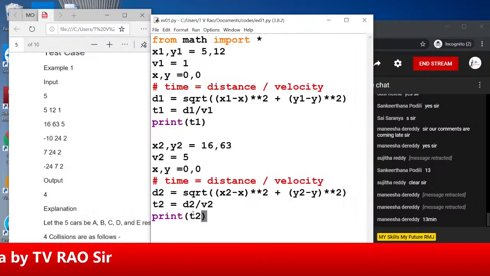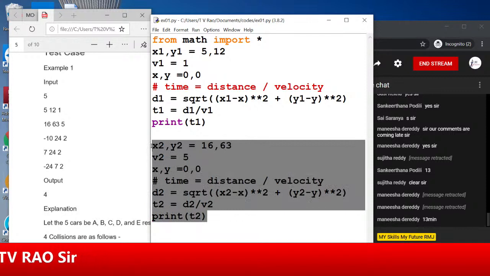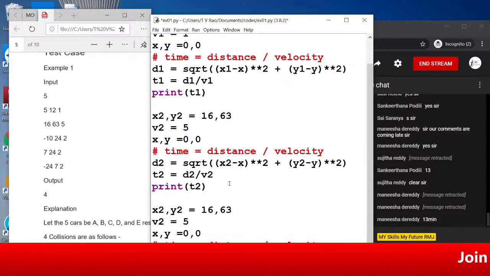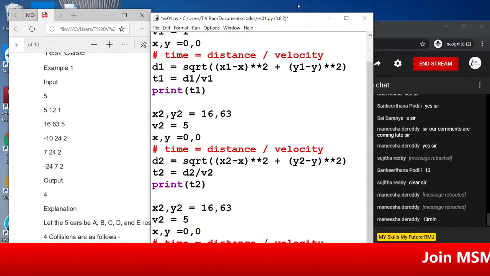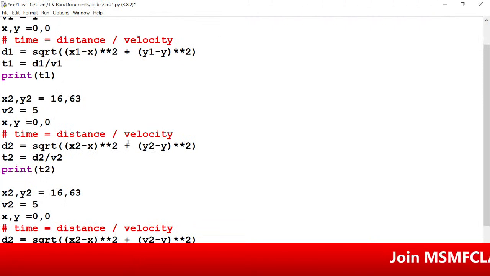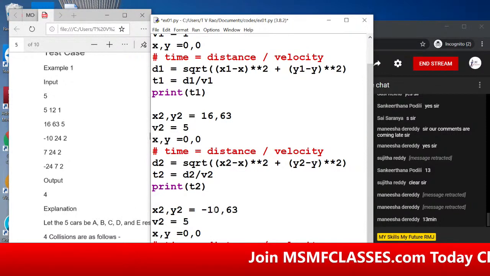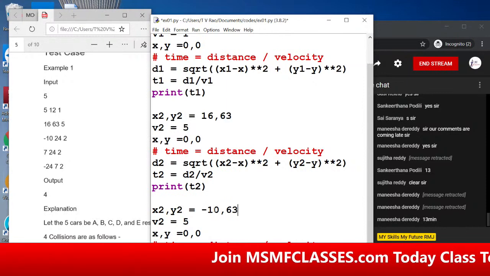Let us take the third car also. What about the third car? This is minus 10, and this is 24.